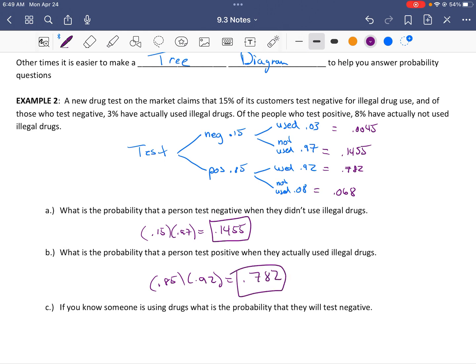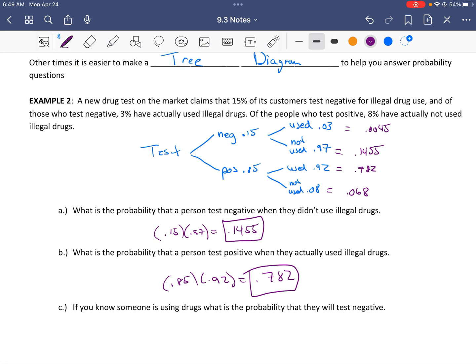Last one, if you know someone's using drugs, what's the probability that they will test negative? So they test negative and they actually use drugs. Well, there's two possibilities where they actually used.